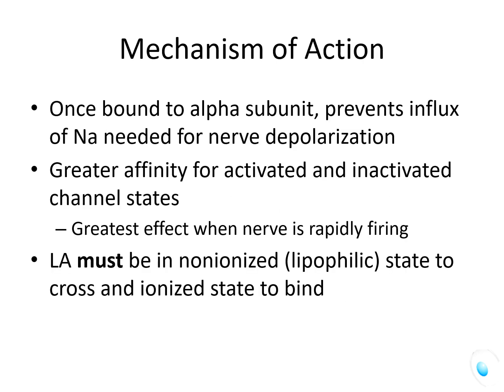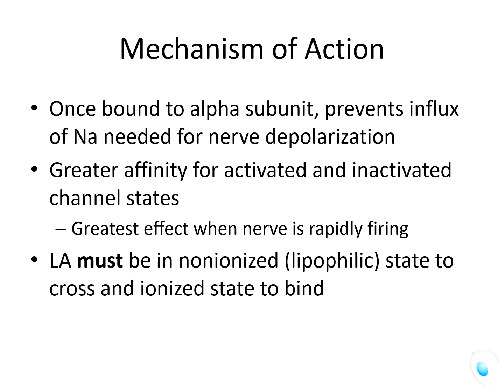As for the mechanism of action, once the local anesthetic crosses the cell membrane, it will bind to the alpha subunit of a sodium channel. You may recall that a sodium channel typically has a large alpha subunit and then two smaller beta subunits. Once this local anesthetic binds to its receptor, it prevents an influx of sodium that is needed for nerve depolarization.